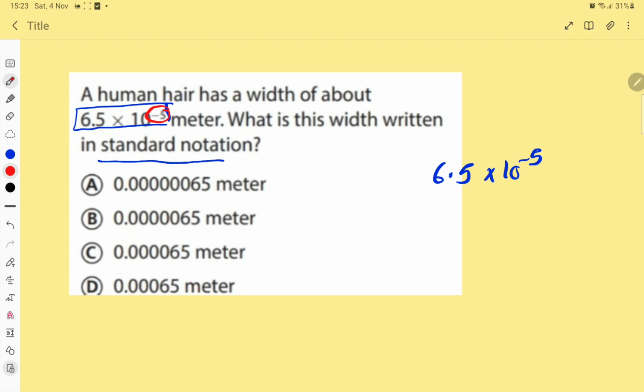To the left or to the right? To the left: 1, 2, 3, 4, 5. Here is the new position of the decimal point, 0 before, zeros in the empty places. Why did I move left? Because the power is negative. Now count 5 zeros after the decimal point. This is the correct answer.